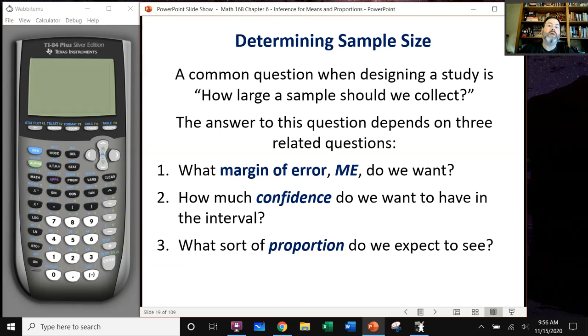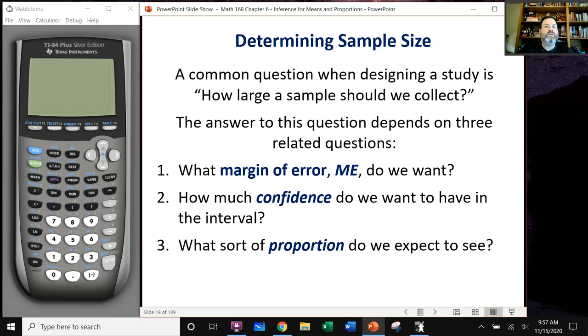So we saw problems like this at the end of Chapter 4 in the notes and in the video. We saw that if samples are too large, the study could get statistical significance without practical significance. So if you are a researcher, you don't want samples to be too big.